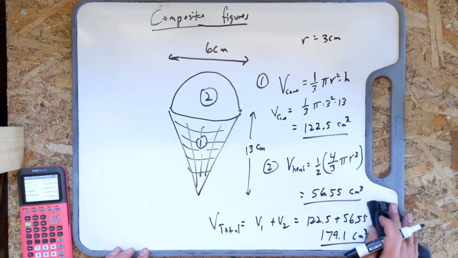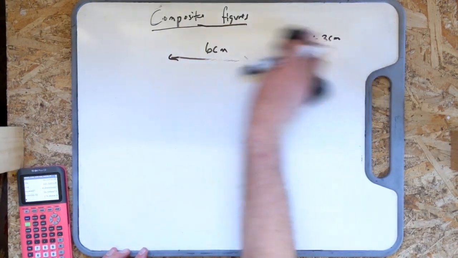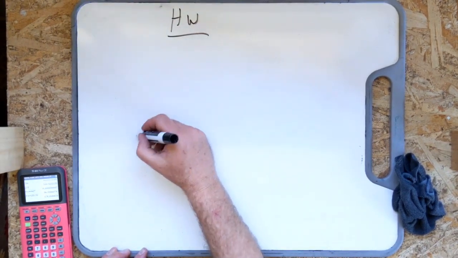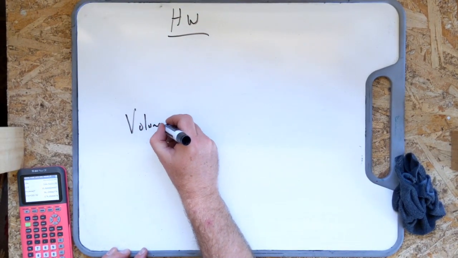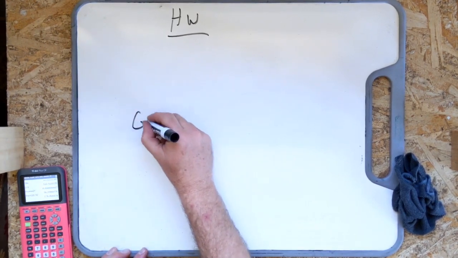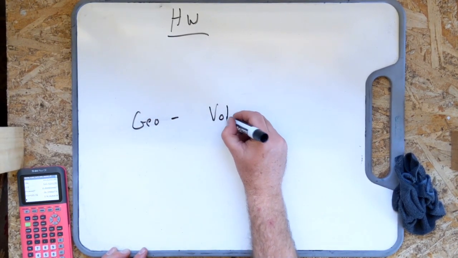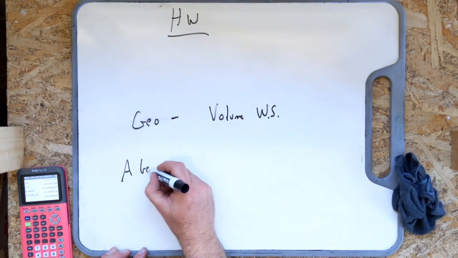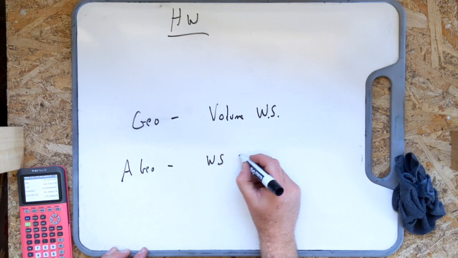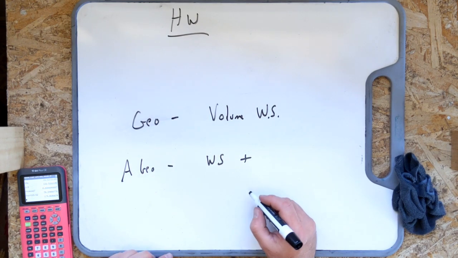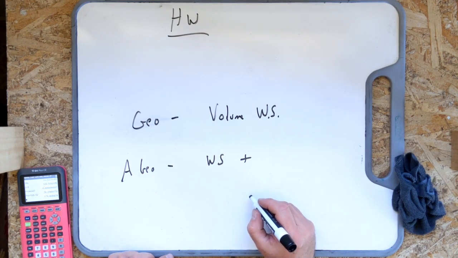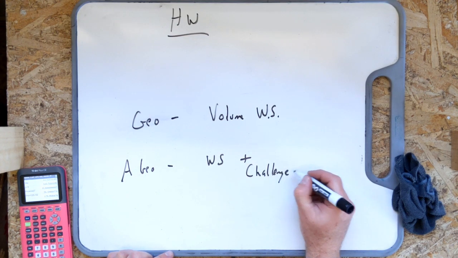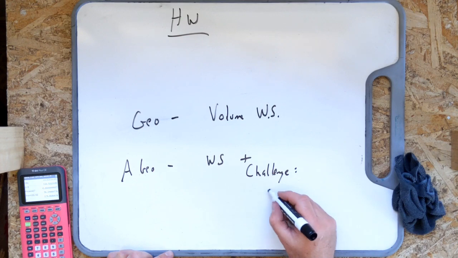Okay, now homework. Homework for this lesson is volume. Geometry first, you'll have a volume worksheet for geometry. For AGO, it's a volume worksheet as well. Plus, I've got a series of problems over 2 different sections, so let me write those down. Challenge problems. These, by the way, are on your syllabus, hopefully you still have it.